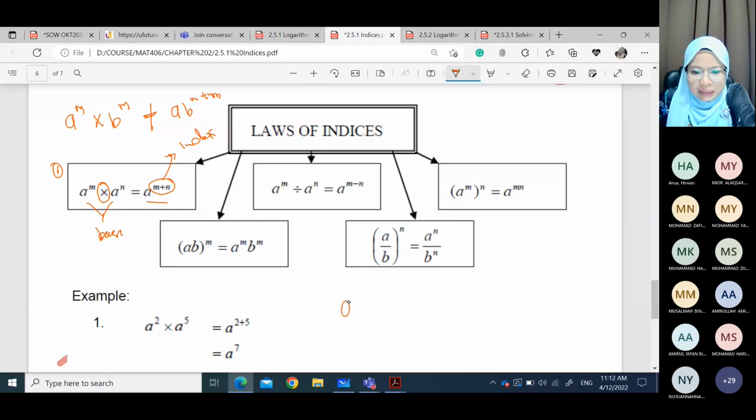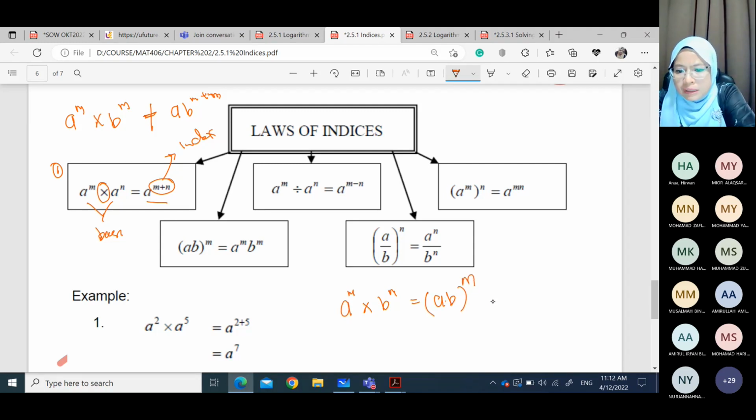So untuk yang ini, katakan kita ada A power of M times B power of M. It is equivalent with A times B, AB, the whole thing to the power of M. Okay, maknanya bila you ceraikan dia ataupun you expand, kita akan dapat A kuasa M darabkan dengan B kuasa M. Okay, yang ini boleh.